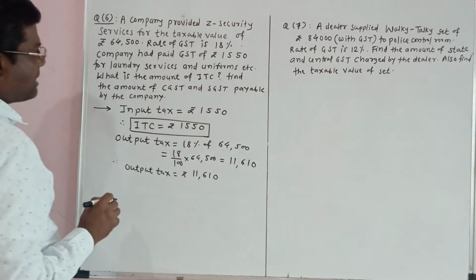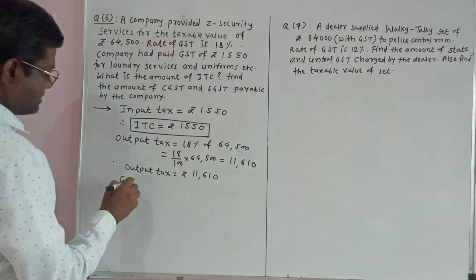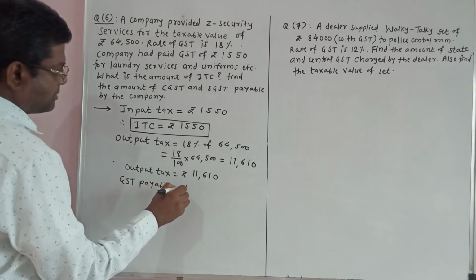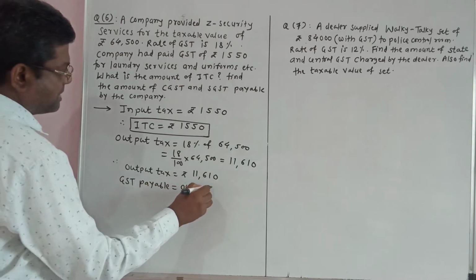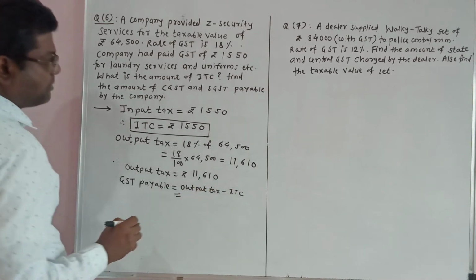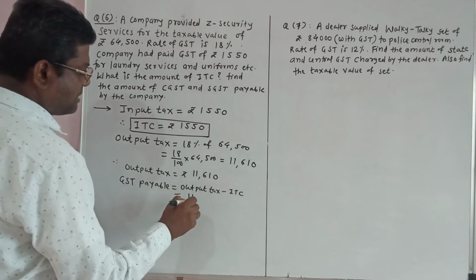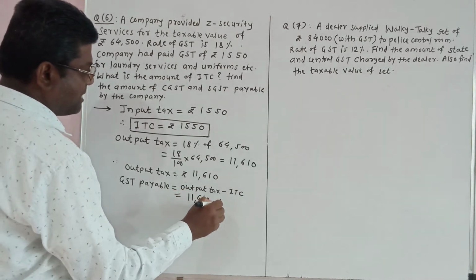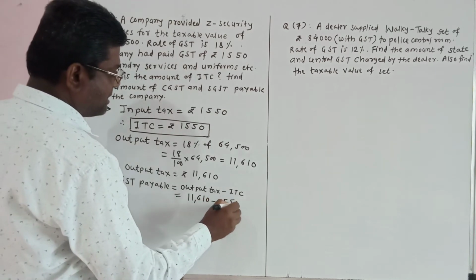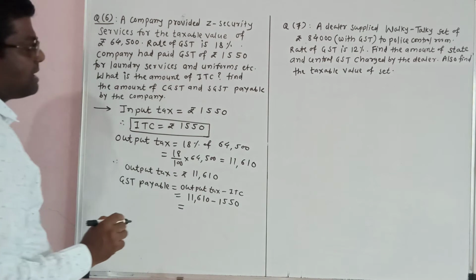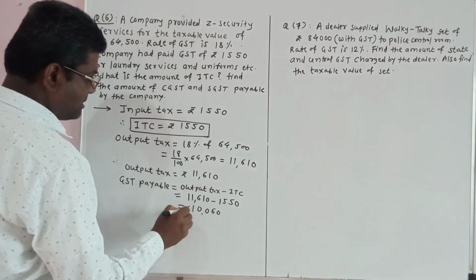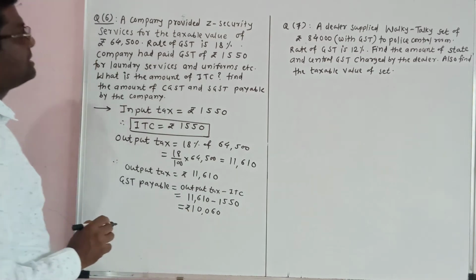Now GST payable is equal to output tax minus ITC. Output tax is 11,610 minus ITC is 1,550. So that will be 10,060. 10,060 rupees is GST.